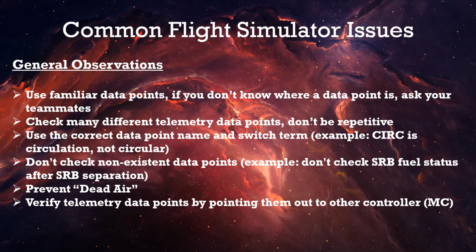If it has an on or an off condition, you can say on or off or nominal because that's understandable. But if you're checking the hydraulic accumulation pressure, there happen to be three systems. You should check all three. You would just say, like in this example, it's 2016, 2016, 2016. That tells everybody the value of each of the three systems for the hydraulic pressure.